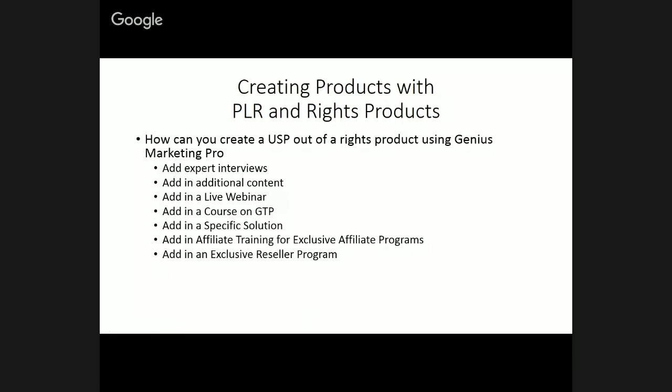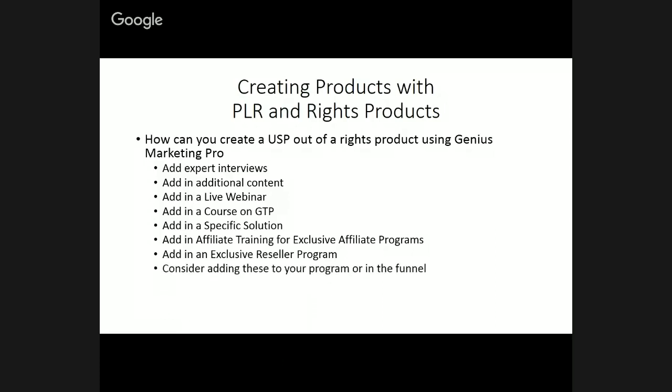You can actually have them pay a little more, or you could just make it a part of the purchase price. In other words, you can make it a one-off payment. Not only are you getting the product, but you can also become a reseller if you buy now, or for a limited time, right? So add in an exclusive reseller program. That's another way to add in a USP for your product that will differentiate you from other people.